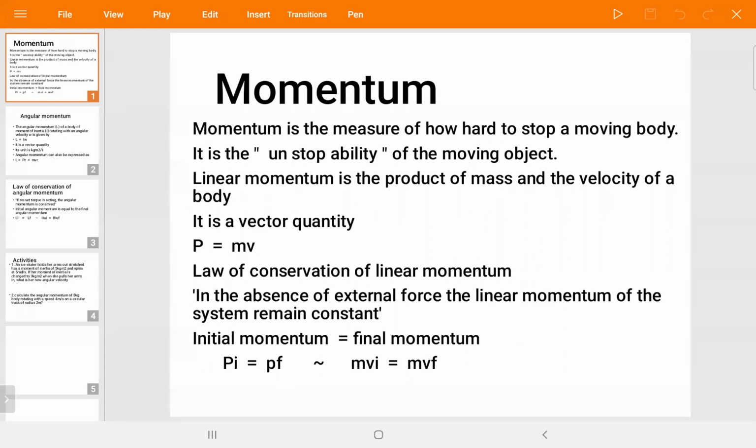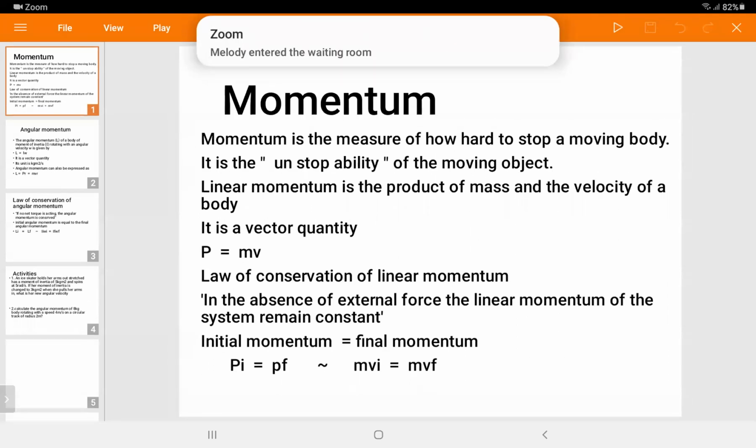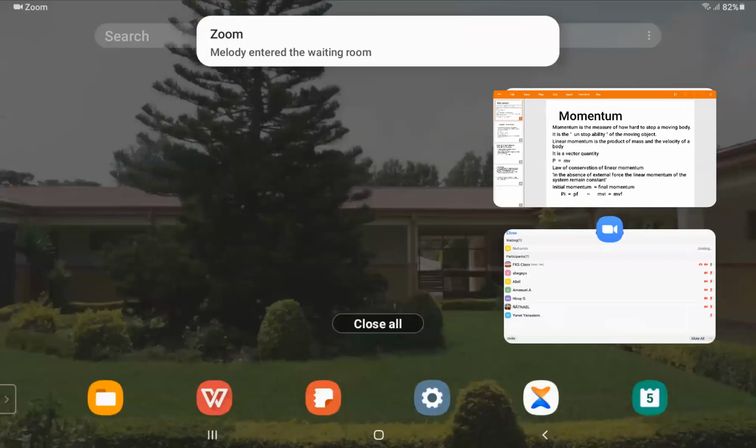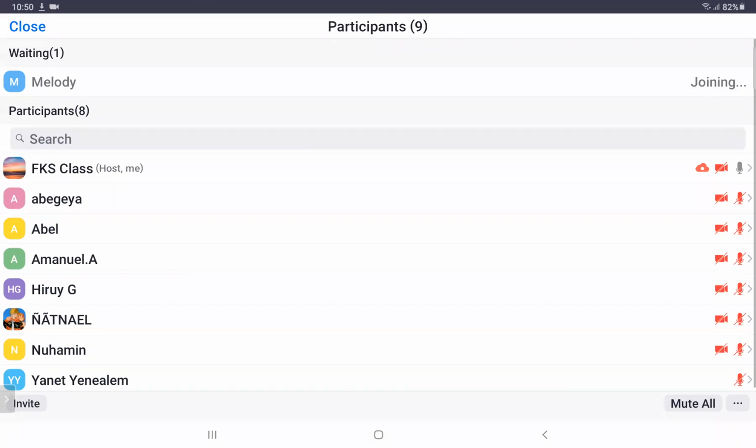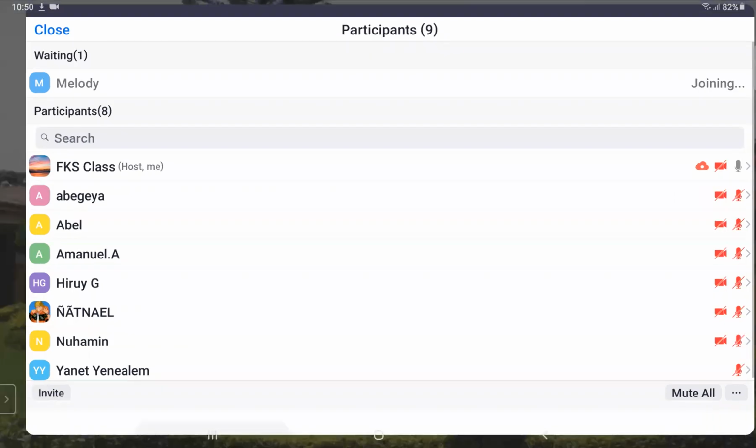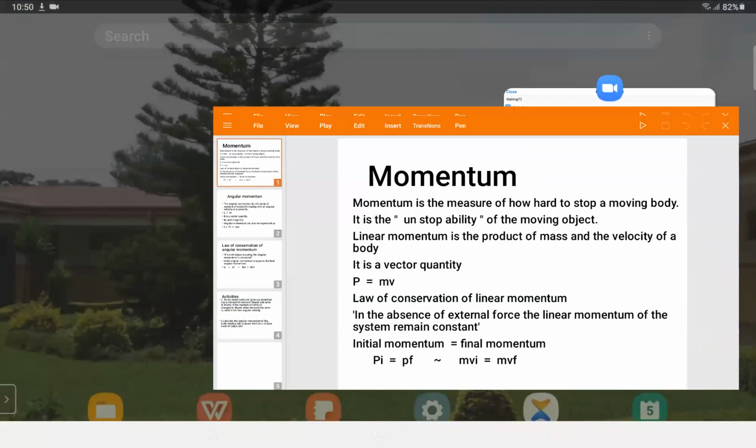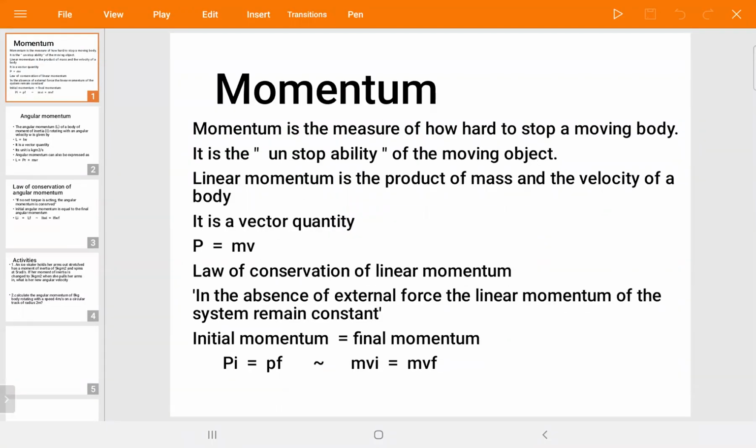And there is a conservation law that relates to linear momentum. For a certain condition, we need to consider the magnitude of momentum, whether it is increasing or decreasing.